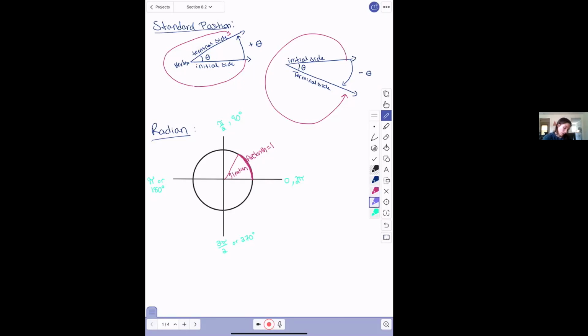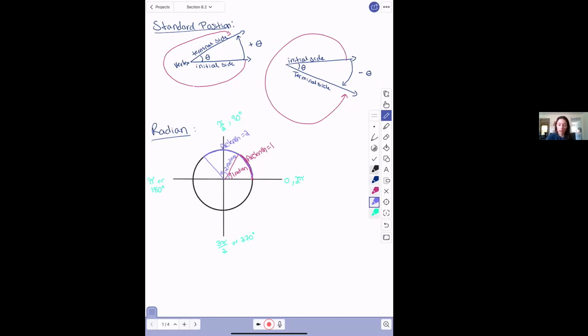Okay. Similarly, if we have something right around here, this arc length here is equal to 2, and this angle is 2 radians.